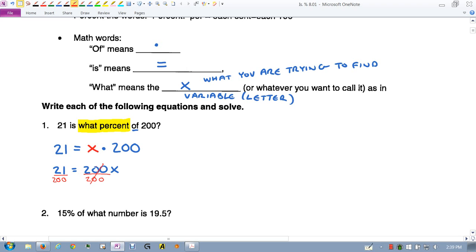So what do you get? You get 21 divided by 200, 0.105. So 0.105 equals x. Now that's the answer as a decimal. But look at what we wanted. What percent? So 10.5.